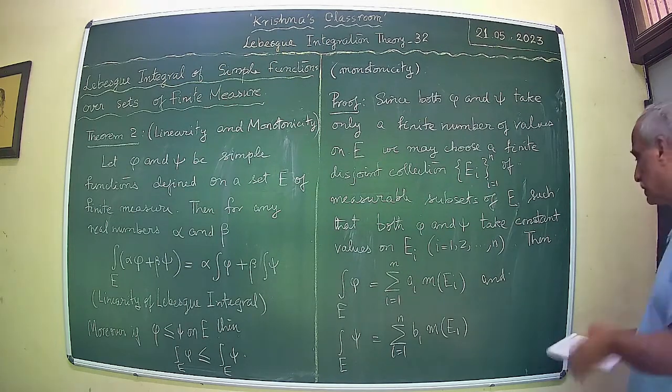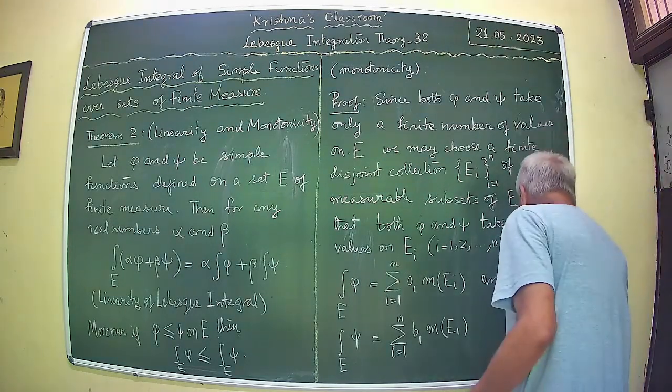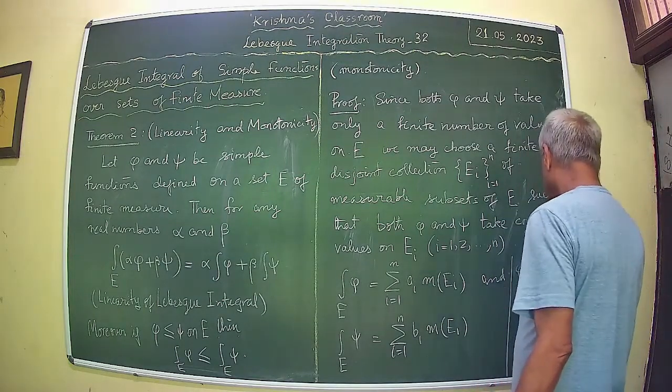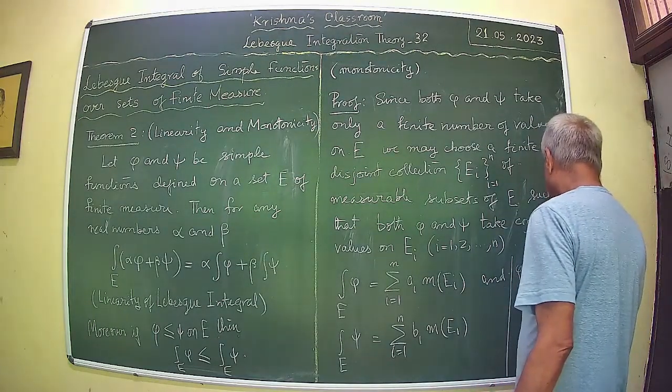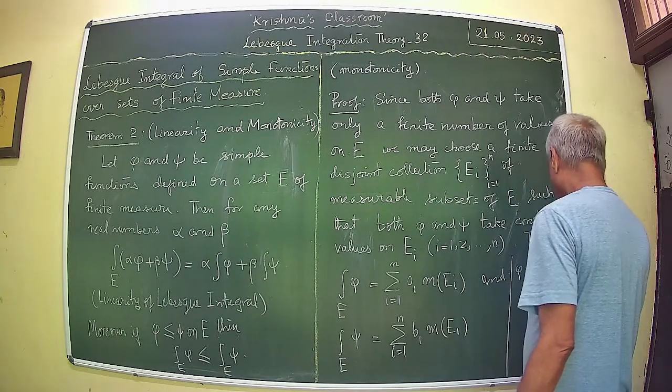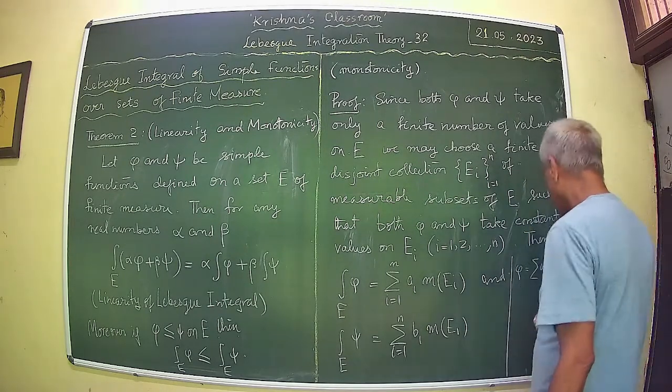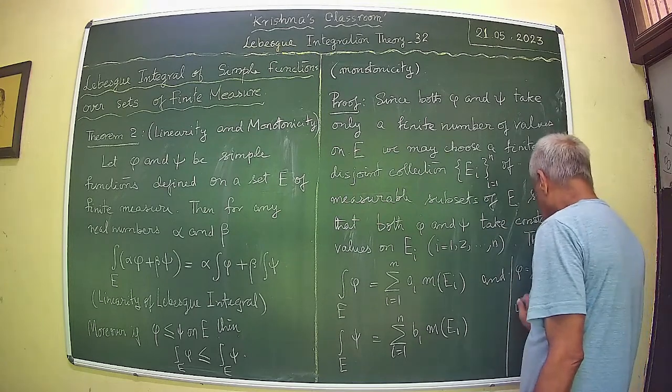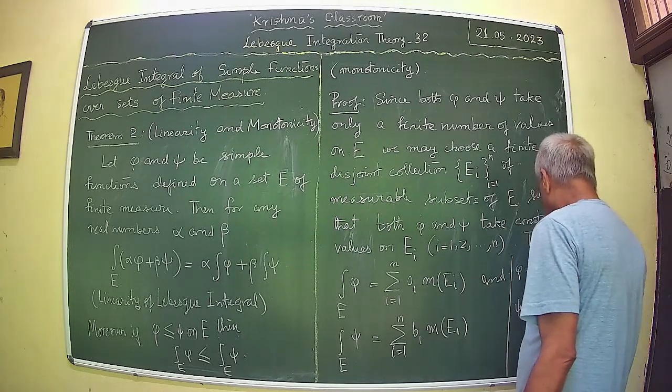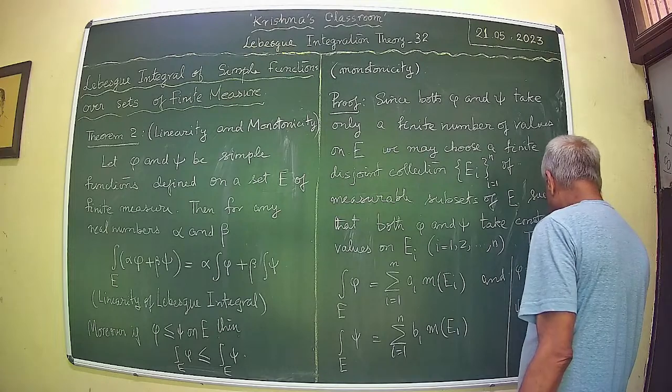Okay, so this is what you have. Phi is equal to sigma a_i chi_{E_i}. Psi is equal to sigma b_i chi_{E_i}.